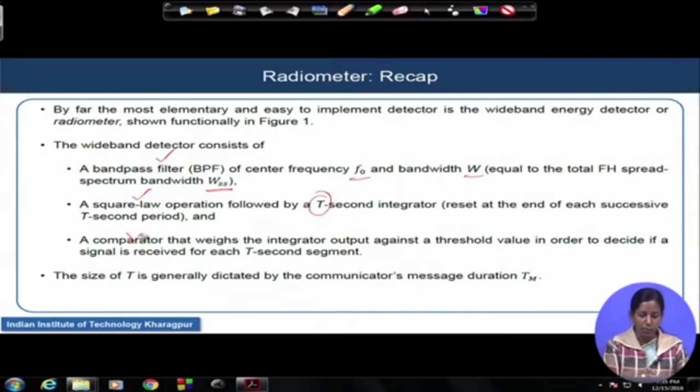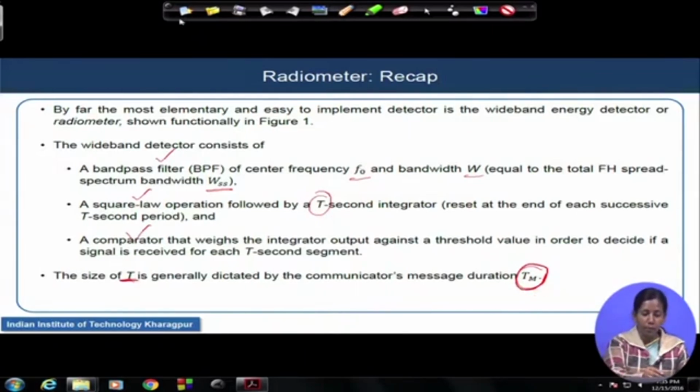Lastly, there is a comparator that weighs the integrator output signal against a threshold. The size of T is generally dictated by the communicator's message duration Tm. So, these are all the parameters that we have already learned. f0 is aligned with the transmitted signal, the bandwidth of the band pass filter is aligned with the total frequency hopping spread spectrum bandwidth, and the integration time capital T is aligned with the communicator's message duration Tm.